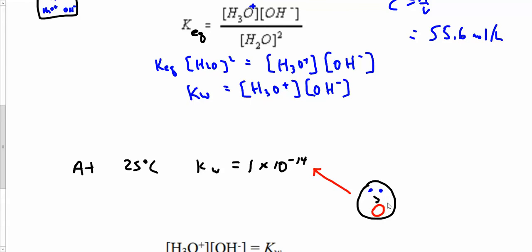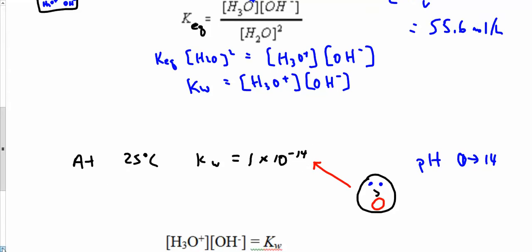Surprise face. Minus 14, doesn't the pH scale go from 0 to 14? Yeah, that scale is a scale of 14 because of this value right here.